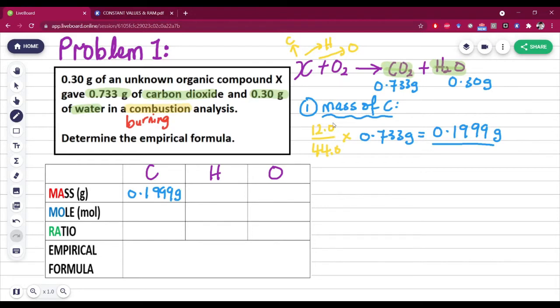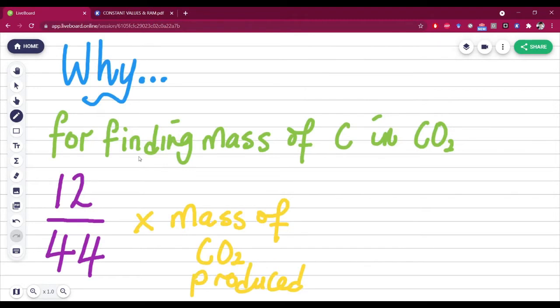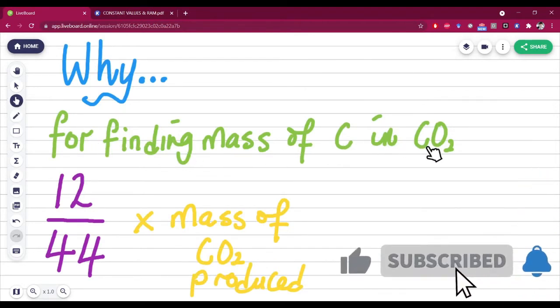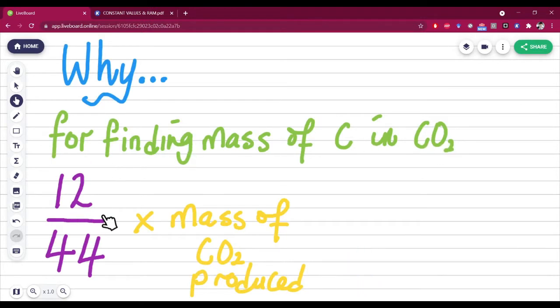I'm going to show you very quickly why, if you want to find the mass of carbon in carbon dioxide, you have to multiply with this number. It's very simple.